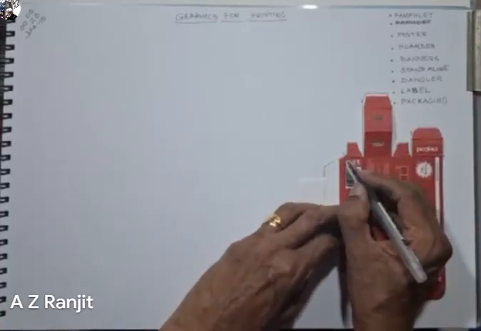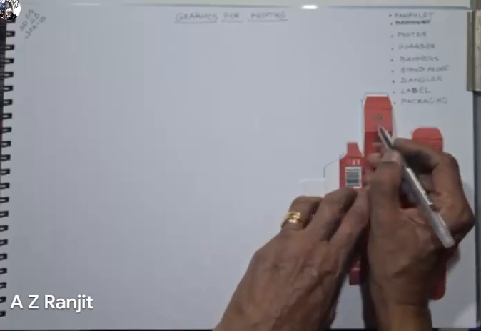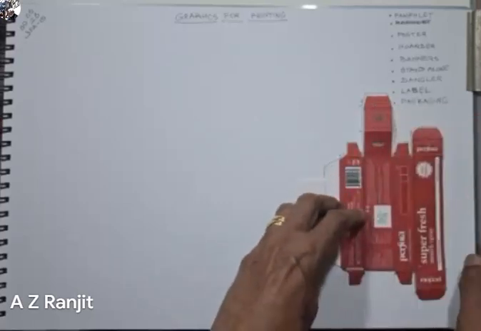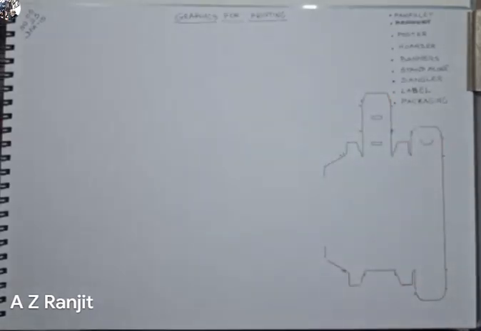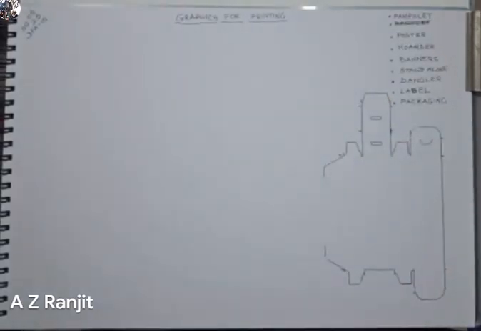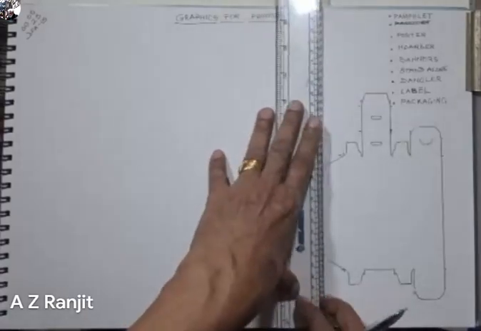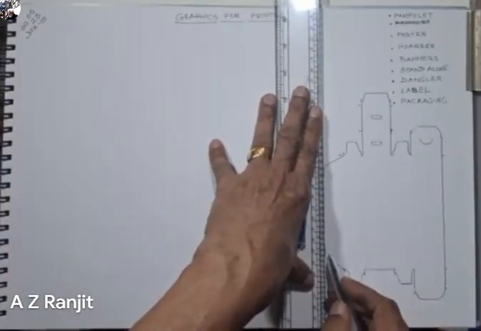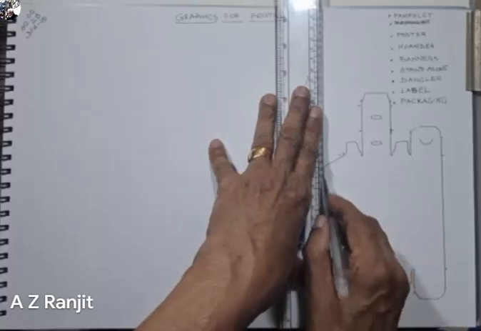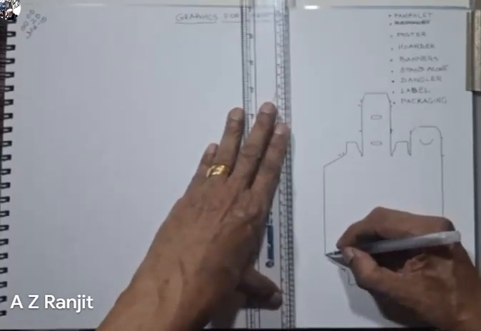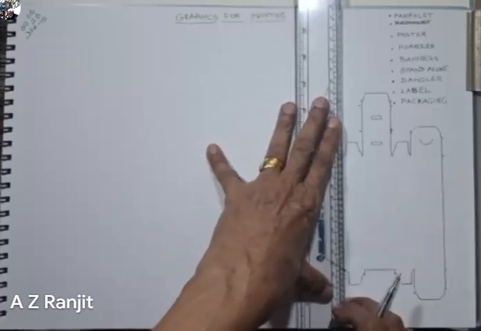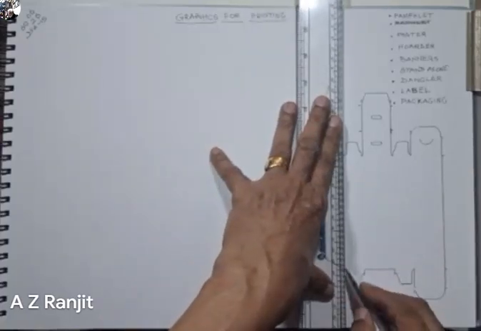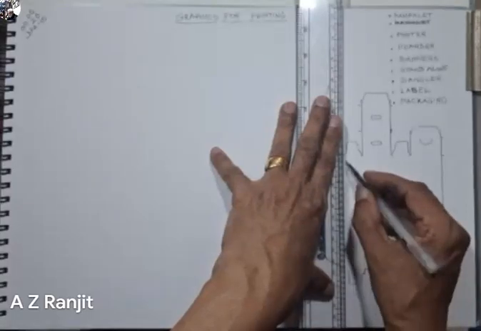I think I've got all. I think I got it all. So now what we do is this can be closed. If we have this, it will be a template. If we have a template like this, then we will be able to do a designing of our own.